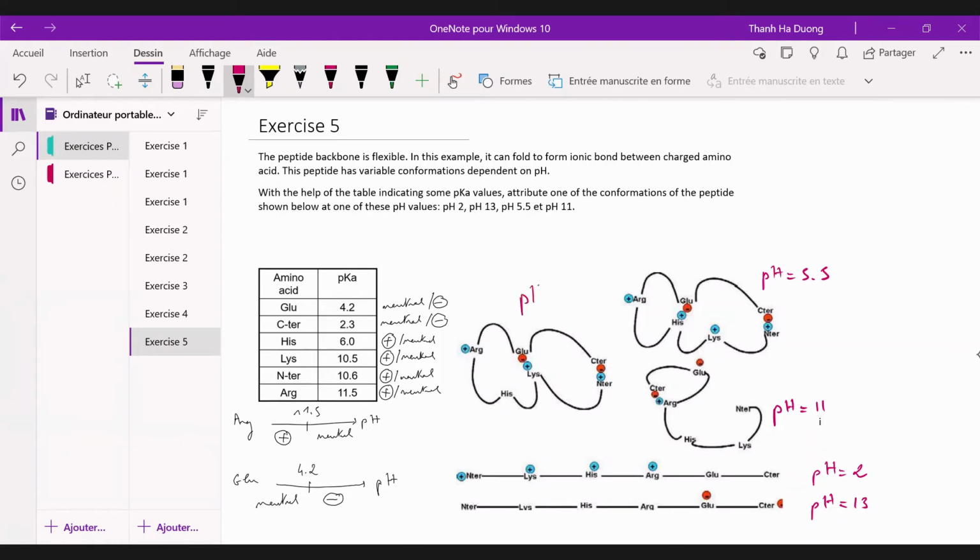The pH is higher than 6 to have histidine neutral, and lower than 10.5 to have lysine positively charged. In this case, glutamate and the C side are negatively charged. Okay? No other question for this part?